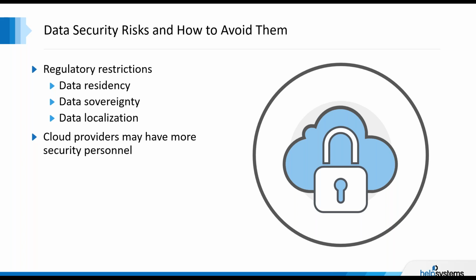So that's data residency. Data sovereignty differs in that not only is the data stored in a designated location, but the data is also subject to the laws of the country in which it's physically stored.